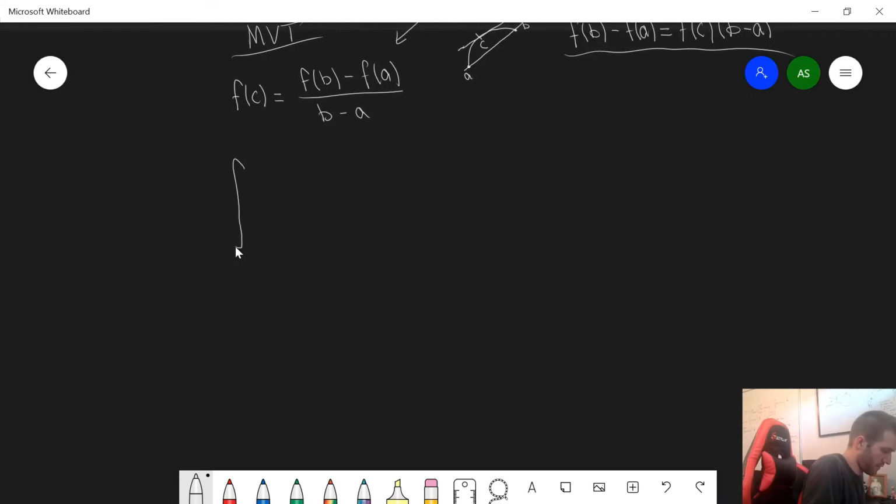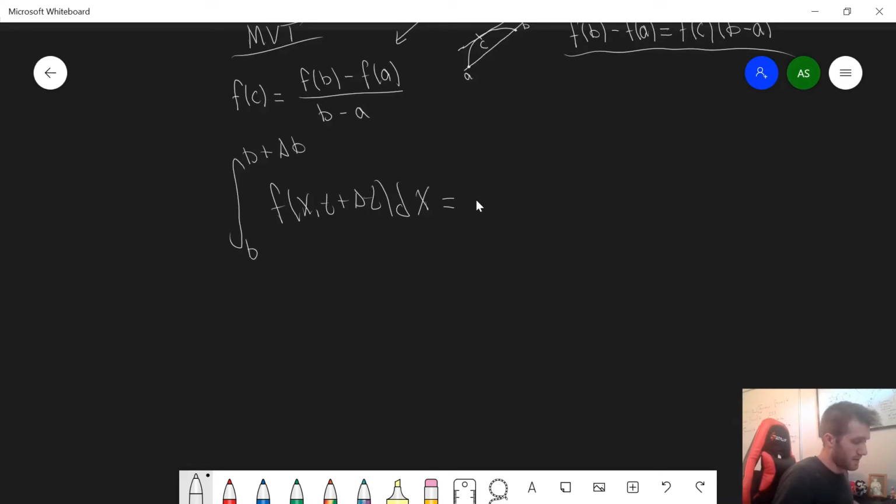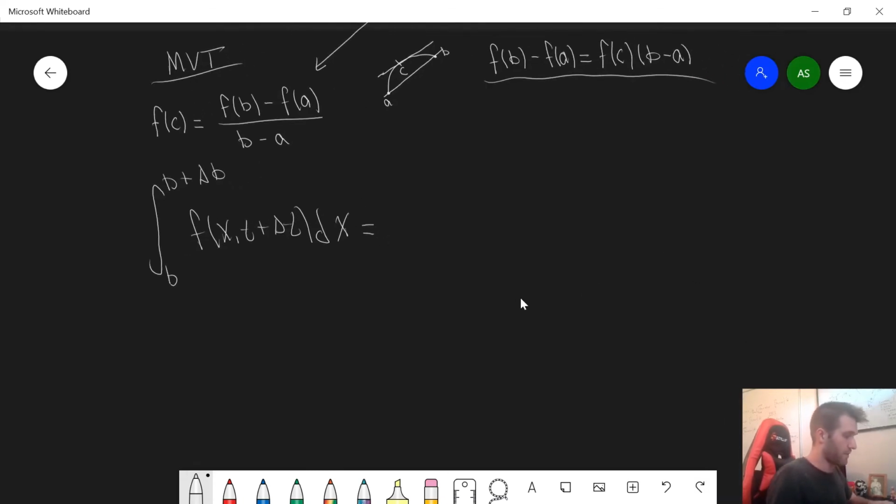So we're going to have our function from b to b plus delta b of our function of x comma t plus delta t with respect to x. Well, that we can composite with this formulation here.